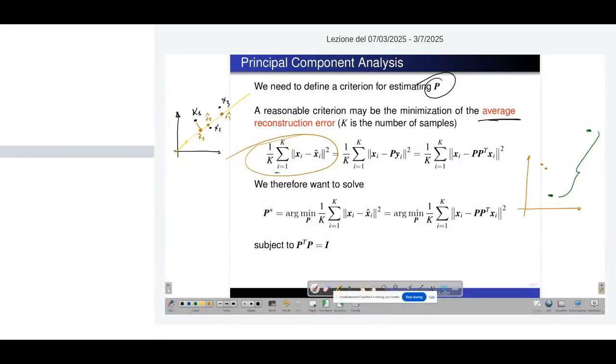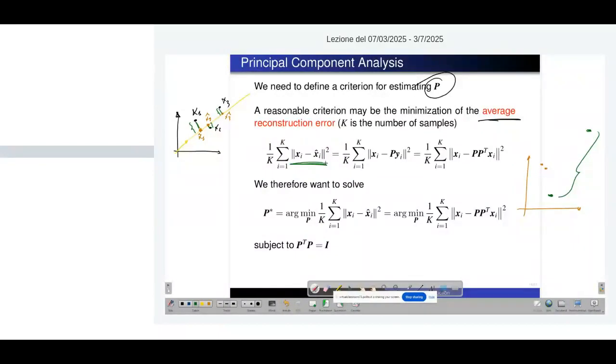Once we have the coordinates in the original frame, we can compute the distance between the projection and the original point. The farther the original point from its reconstruction, the higher the difference between the 2 points. We measure this, in this case for PCA, in terms of Euclidean distance, and in particular, squared Euclidean distance. The squared Euclidean distance is called the reconstruction error.